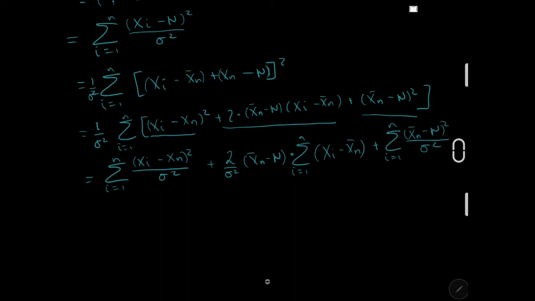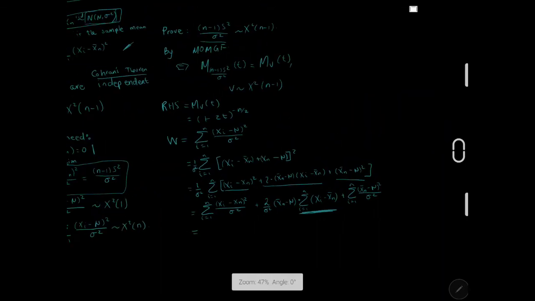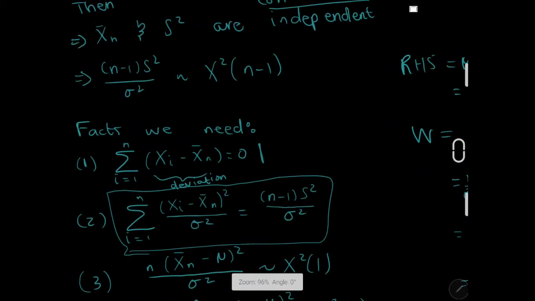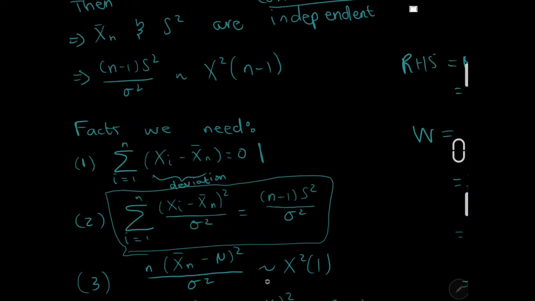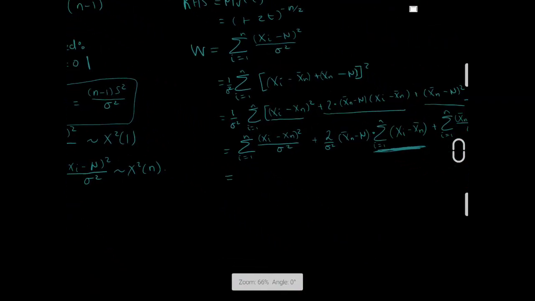Okay, now where do we go from here? Well, the first thing we want to notice is this little thing over here. This sum is one of our prerequisites that we spoke about earlier. When I take the sum of my observations and subtract the mean off of that, and I sum through all of my observations, that's going to be equal to 0.